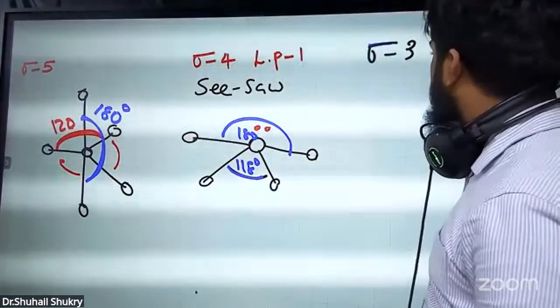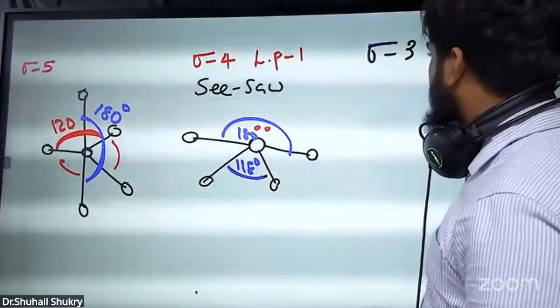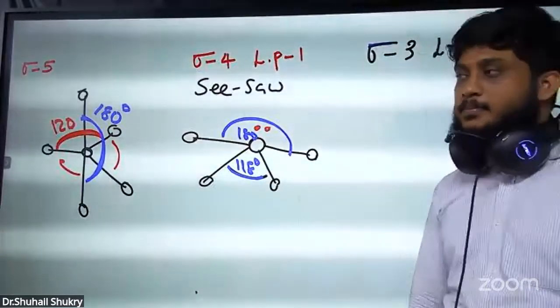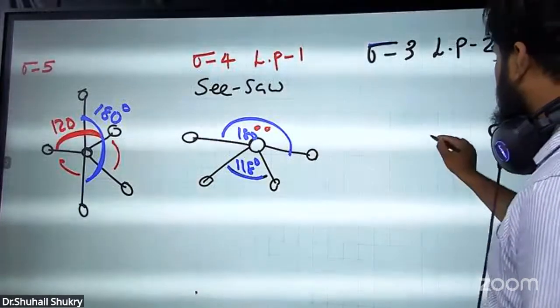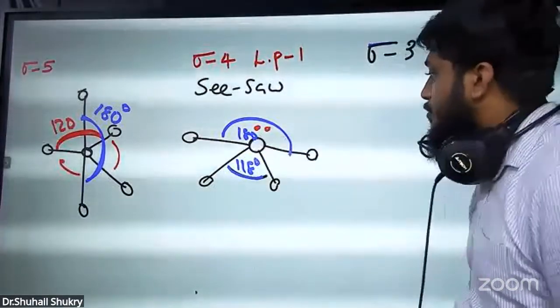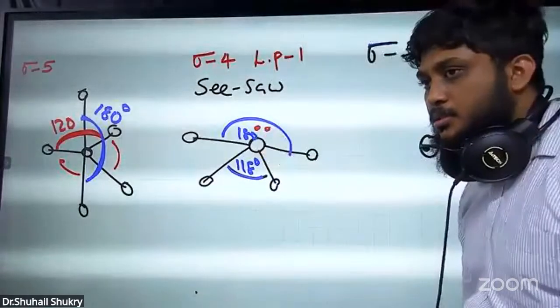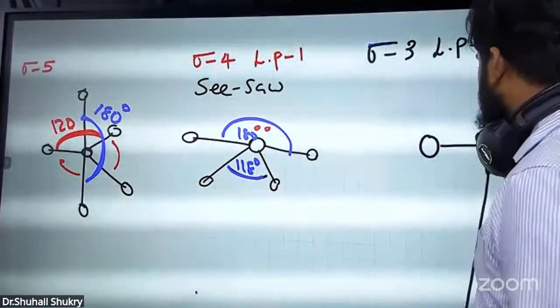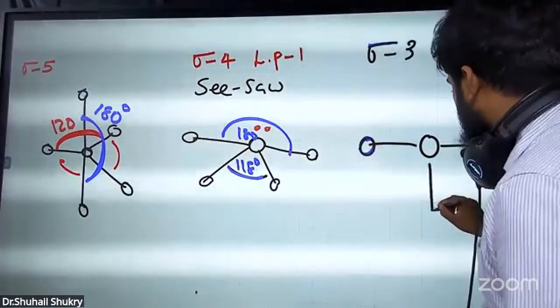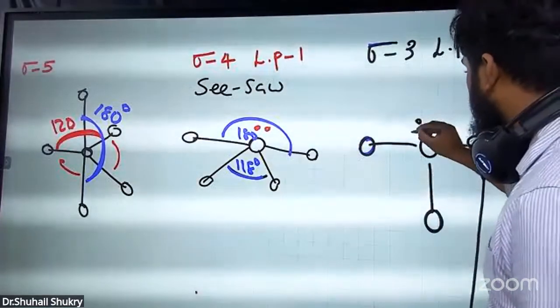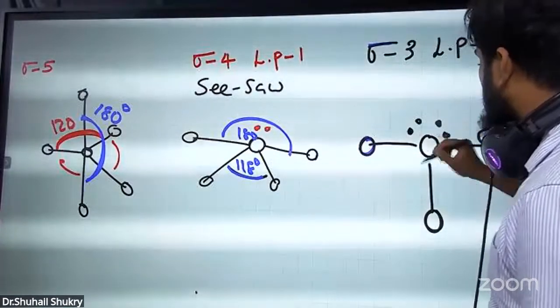Sigma will be 3, no? 1 lone pair will increase, right? Then if I remove another thing, I can't see it in this, but it will look like this. If I remove 1 from this, it will look like, actually, a Buddha, like this. I can show this here exactly. So I have removed 2 pairs like this.